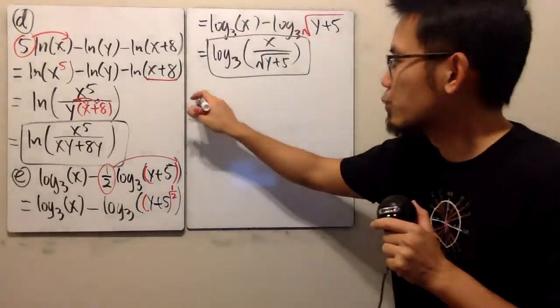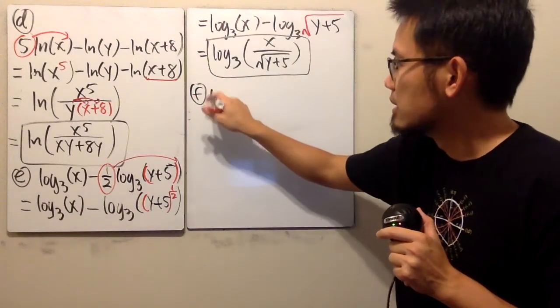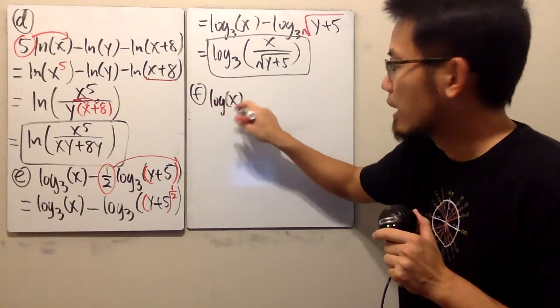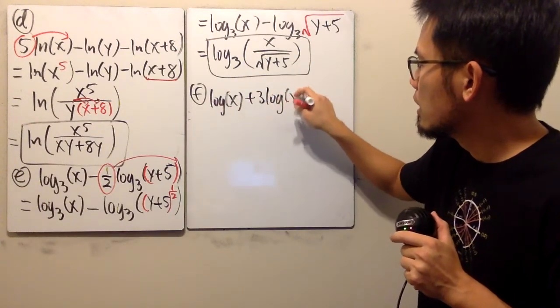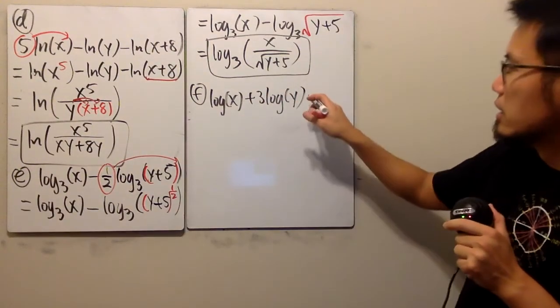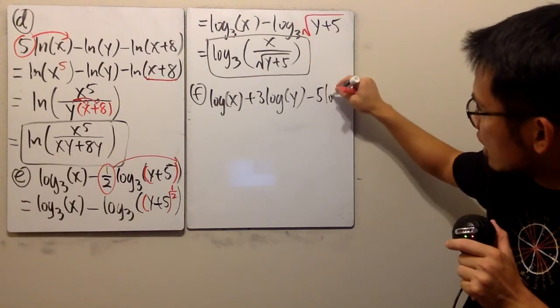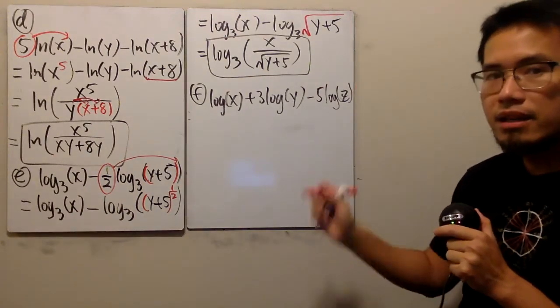All right, last one. F, we have just log of x, and then plus 3 log y. And the last one is minus 5 log z. Right, great. All right, take care of the numbers.